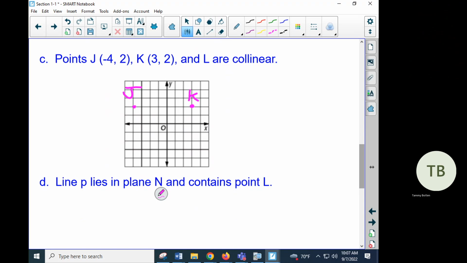What does collinear mean again? Same line. So L needs to be somewhere on the same line as JK. So if I drew JK, L would be somewhere on this line, anywhere on that line that I wanted to put it.